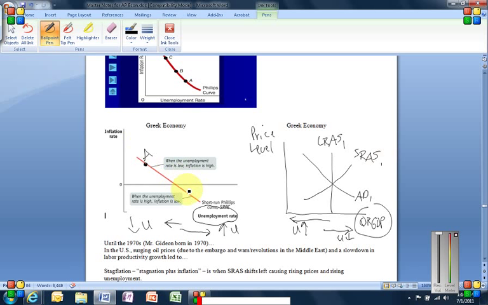And then the following year, we move down the curve to a new place, and year 2 is point B. So just as a reminder that these are years, we'll put year 1 next to point A, and we'll put year 2 next to point B. Where could you find that over in the Greek economy graph that has aggregate supply and demand?